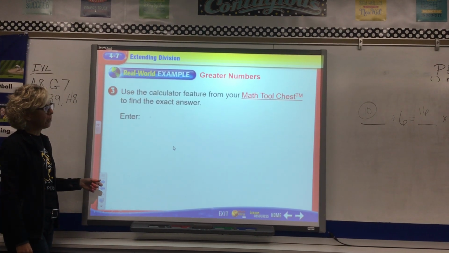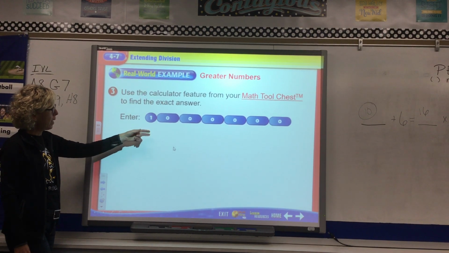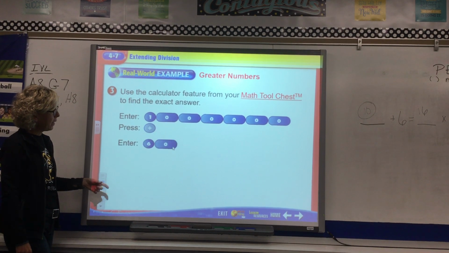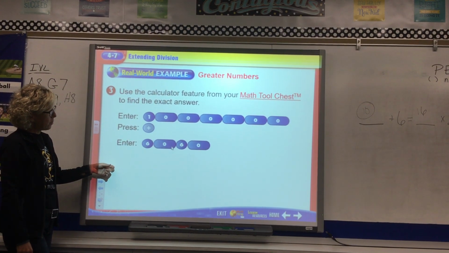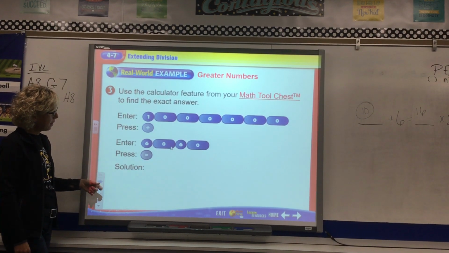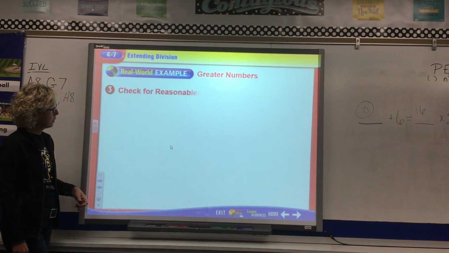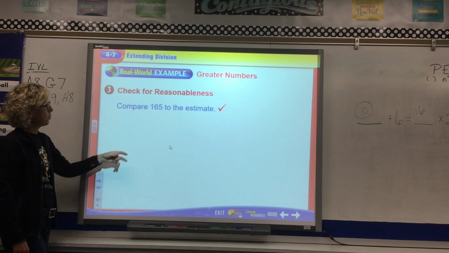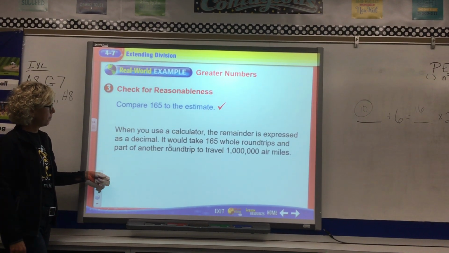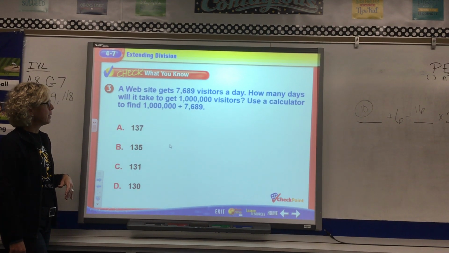You can also use a calculator. You're going to enter 1 million divided by 6,060, and you would press the equal sign, and then you'd get this strange number, and that is fairly close to our estimate. But our problems won't be that big.